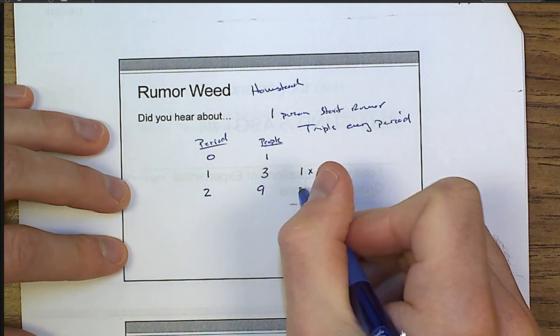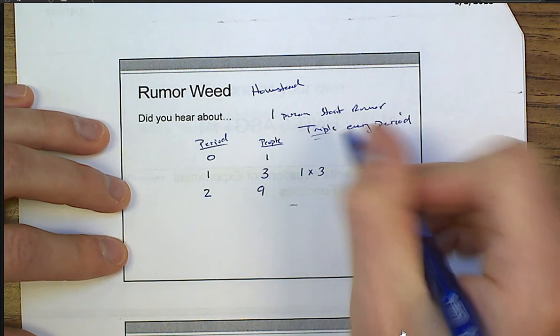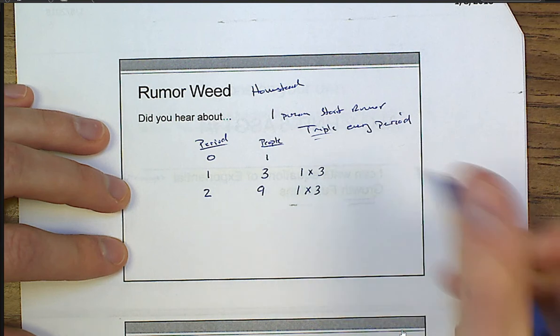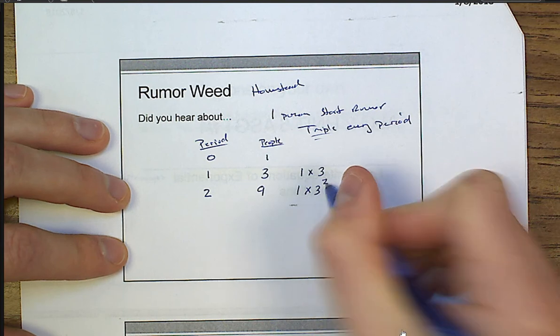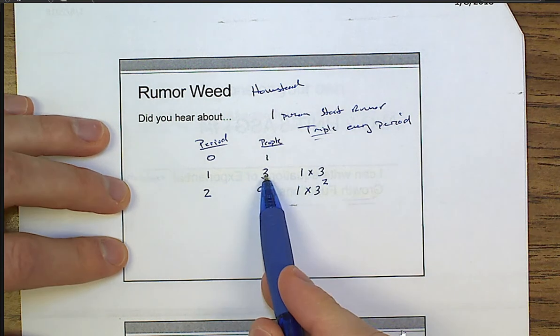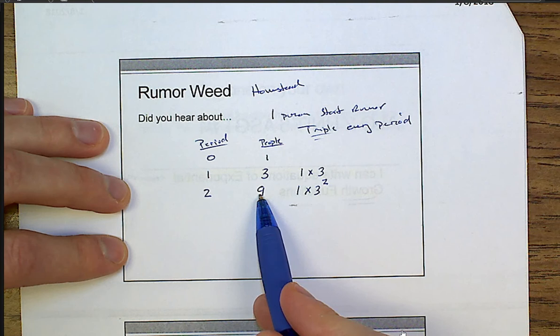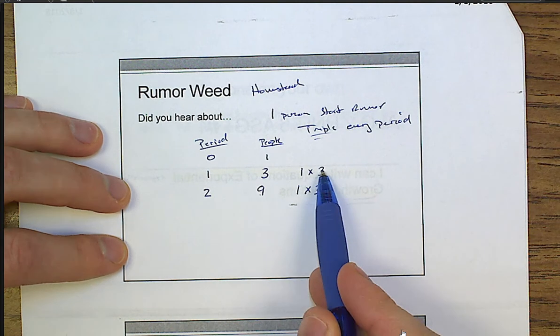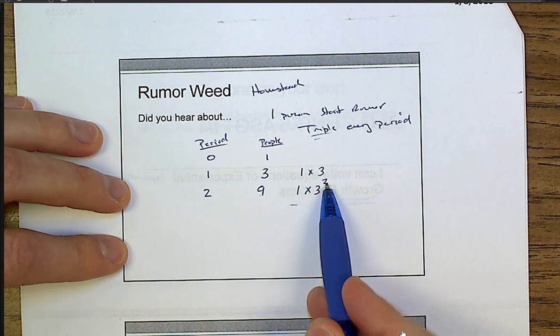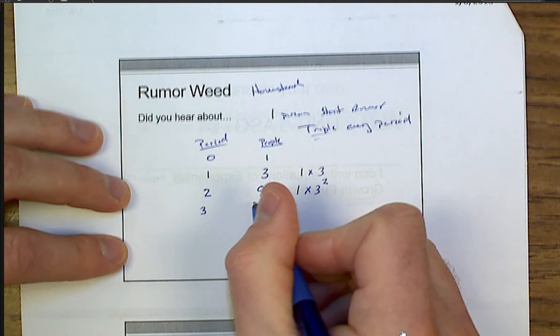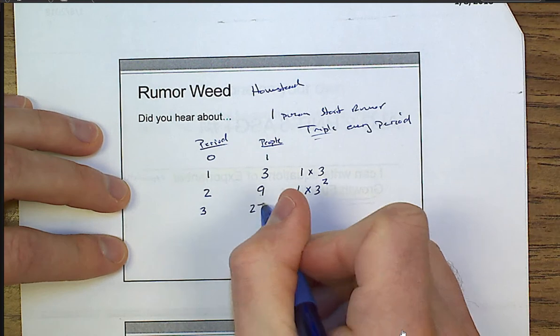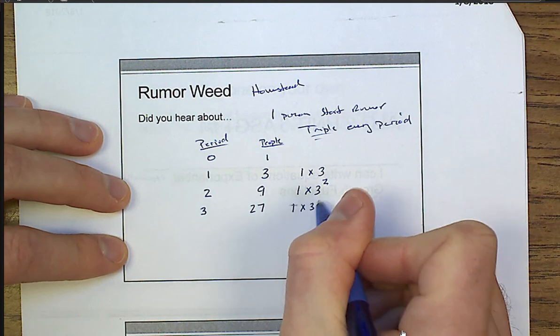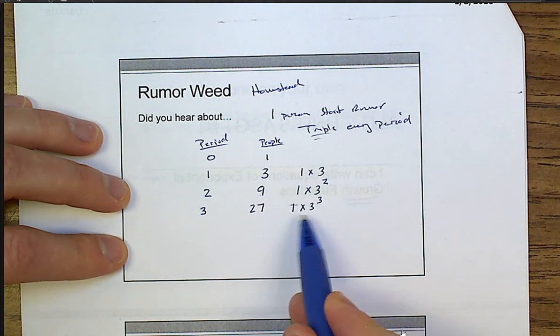Because it's tripling, this has been tripled twice. We went from 1, tripled, and tripled again to 9. So after 3 periods, that would become 27: 1 times 3 to the 3rd, because that tripled, and so on and so forth.